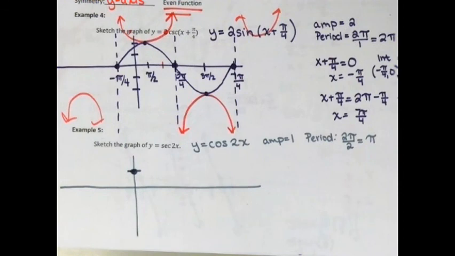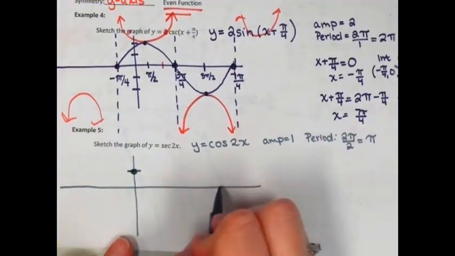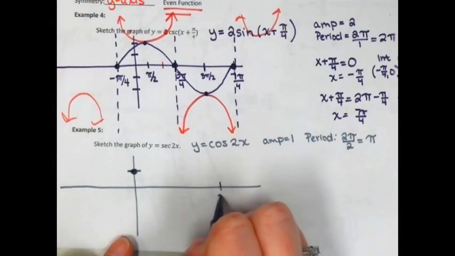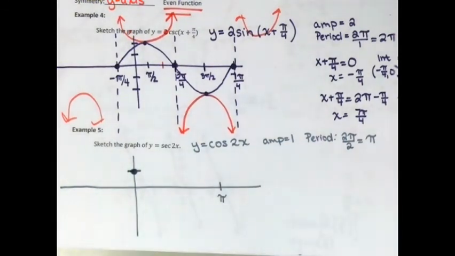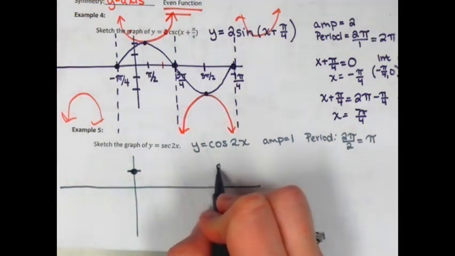Pi, right? Would be a period. Now, if I go out to pi, is pi going to give me a max or a min? Or an intercept? It will give me a max, won't it?